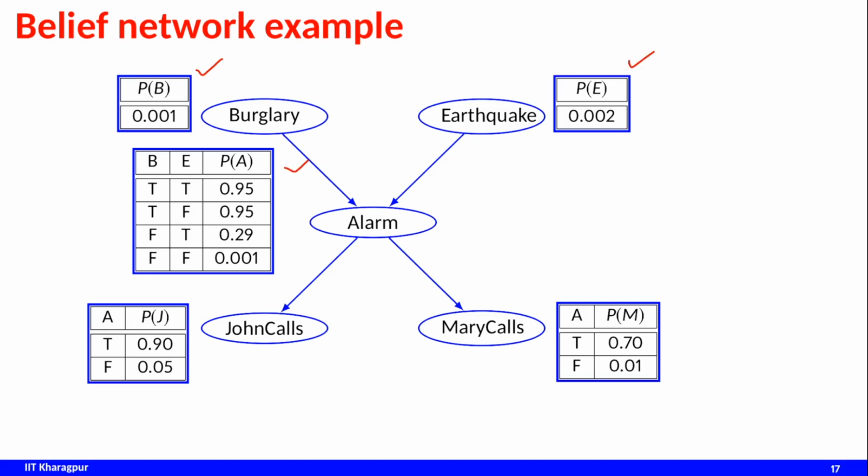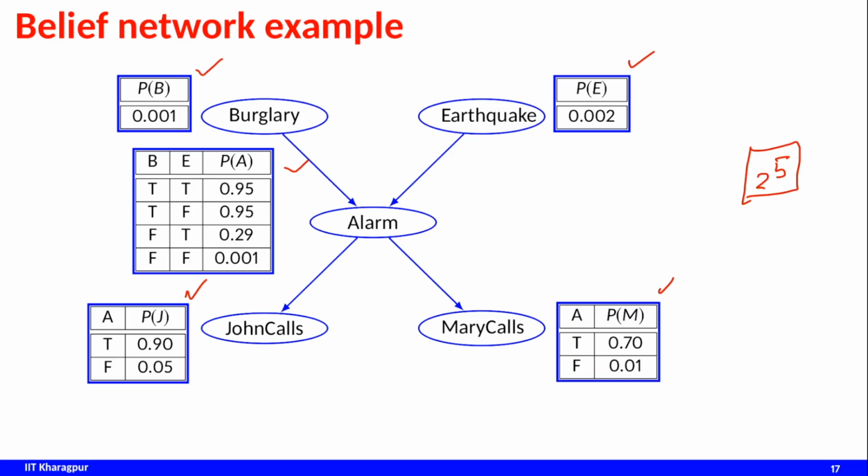Now this belief network actually is a compact representation of the joint probability, because I could have mentioned the joint probability including all these 5 terms in a single row, and then I could have expressed that. In that case, I need to have 2 to the power 5 rows to represent the different combinations.